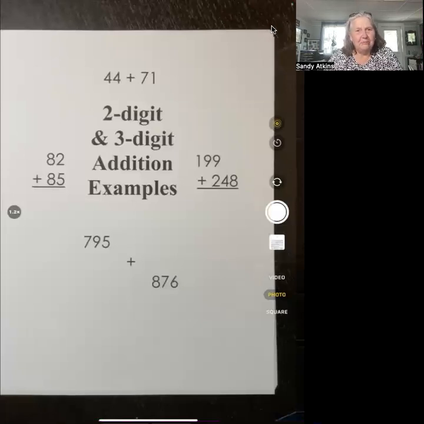In this video, we're going to look at just some examples of 2 and 3 digit addition. Now, in other videos, I've shown a variety of strategies. We've talked about 5 strands of math proficiency: conceptual understanding, strategic competence, adaptive reasoning, productive disposition, and procedural fluency. But within the procedural fluency strand, it's about flexibility and efficiency.